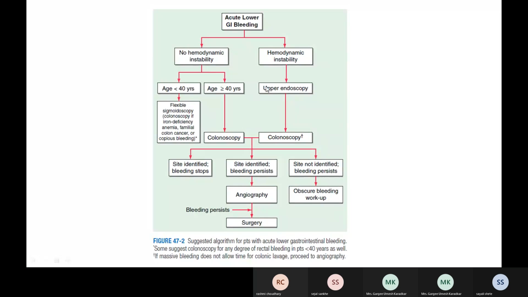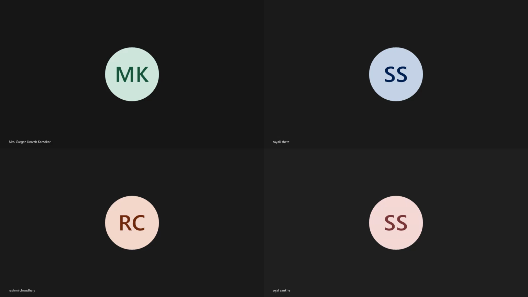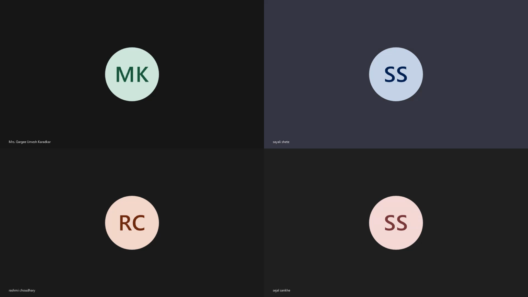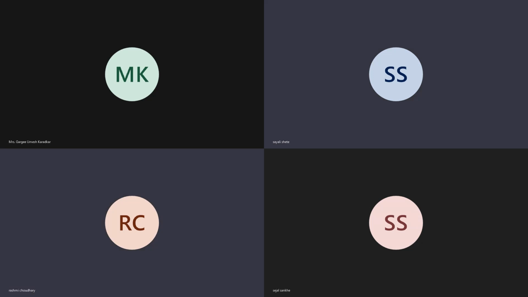This is the management for either the upper or the lower GI bleeding. Is it clear? Yes, ma'am.